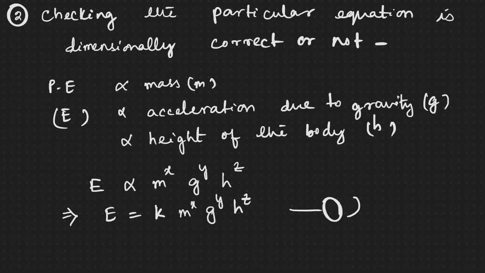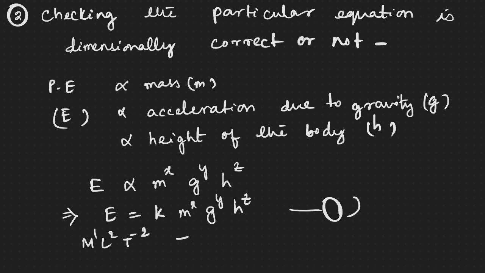We will equate the dimension of each one individually. So for E, we have the dimension M1 L2 T minus 2. Because what is energy? Energy is mgh, M1 L2 T minus 2.